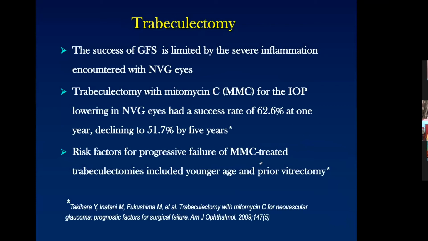And even if there is no bleeding, a study published in the American Journal of Ophthalmology said that the chance of success is lower in neovascular glaucoma. It is around 62%, which declines by 51% after 5 years. Success rate is particularly low in younger patients and also in post-vitrectomy patients.